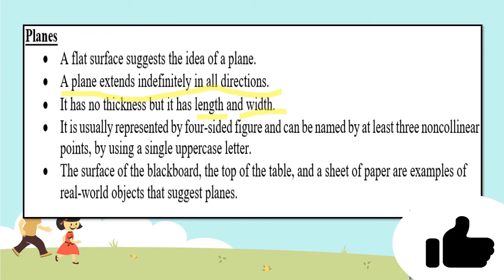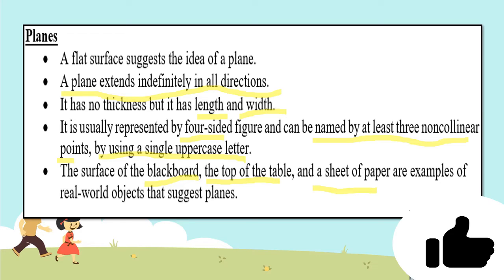It is usually represented by a four-sided figure and can be named by at least three non-collinear points or by a single uppercase letter. The surface of the blackboard, the top of the table, and a sheet of paper are examples of a plane.